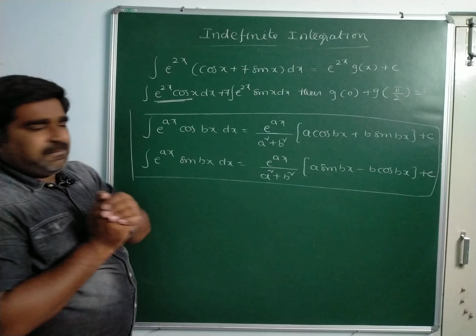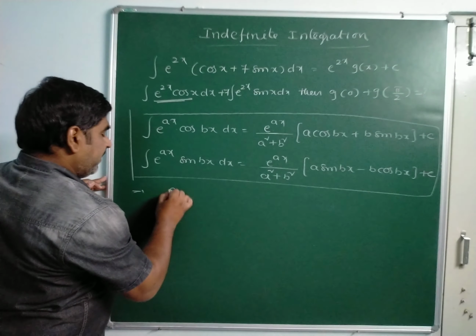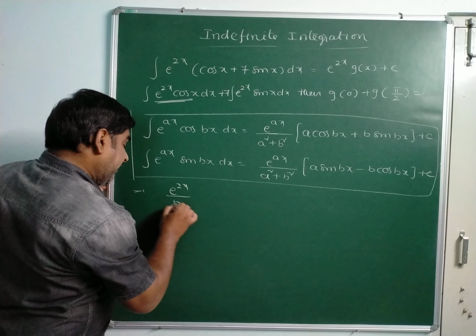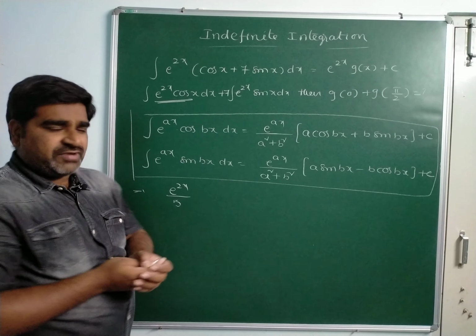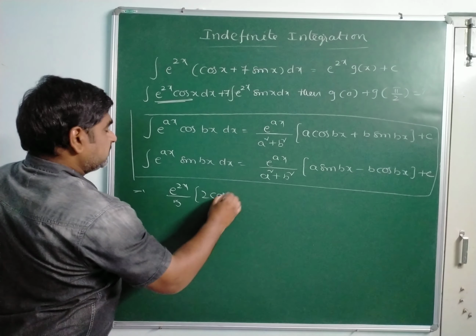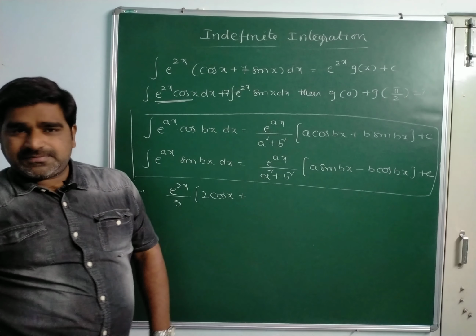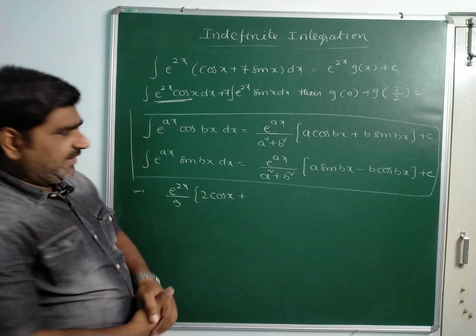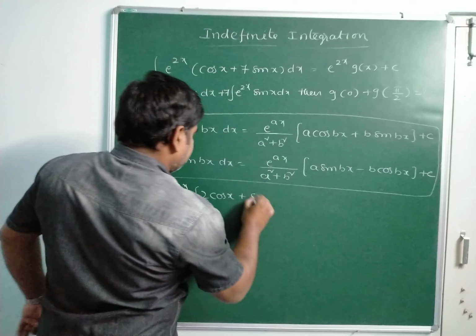Just apply this formula. So e^(2x)/5, since 2² + 1 is 5, into (a cos x + b sin x), which is 2 cos x + sin x.